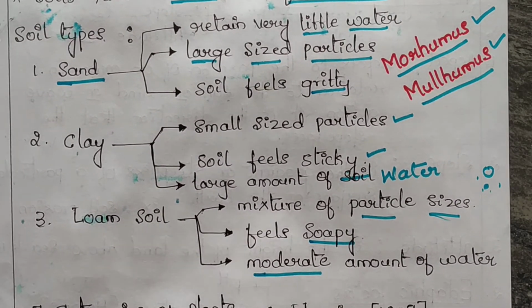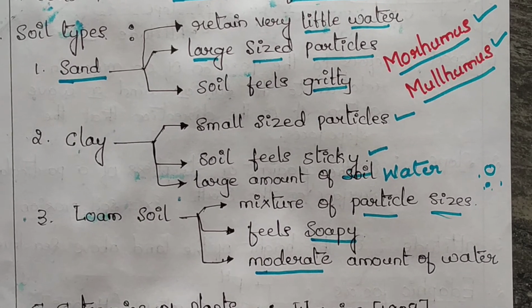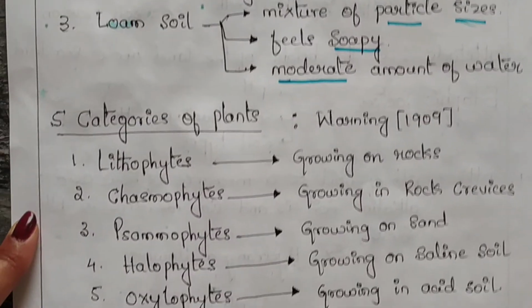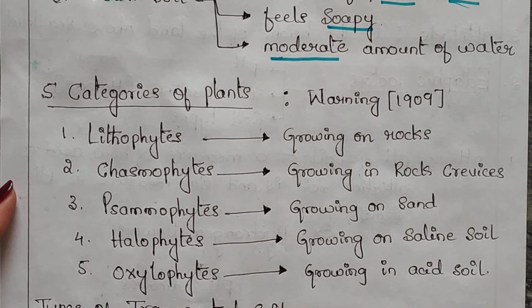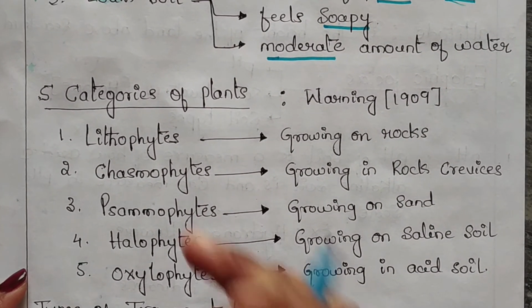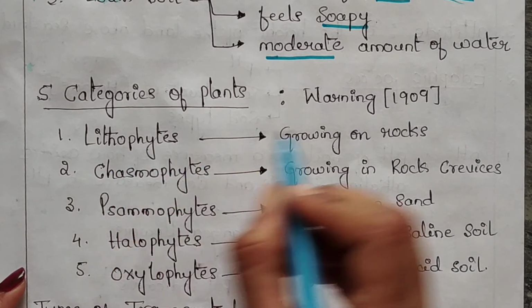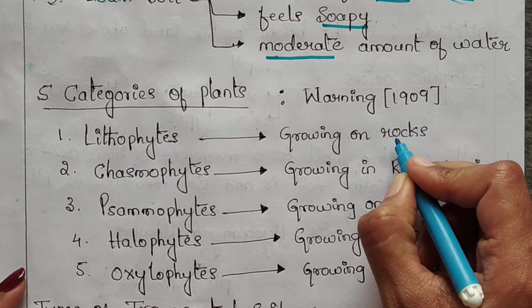Let us move on to the types of plants which were characterized by Warming in the year 1909. First one, lithophytes. Lithophytes are plants which grow on rocks.